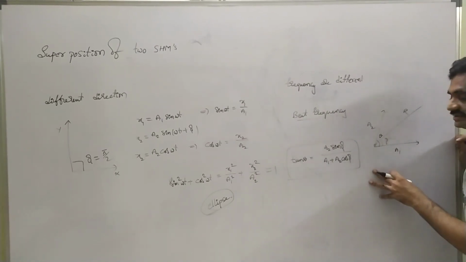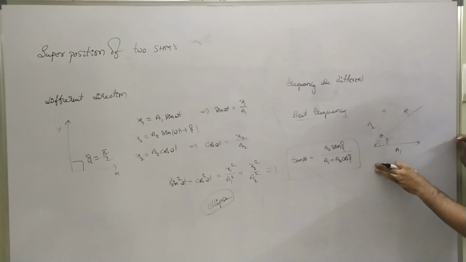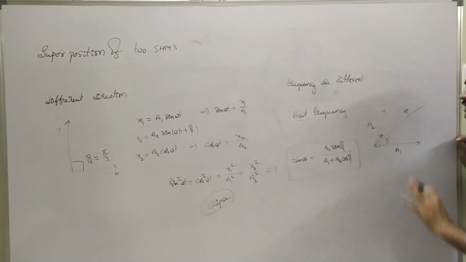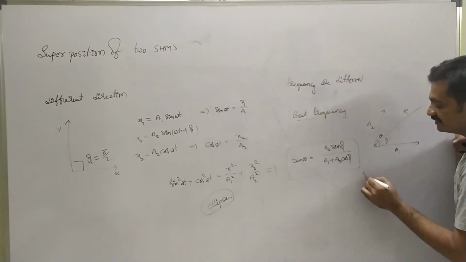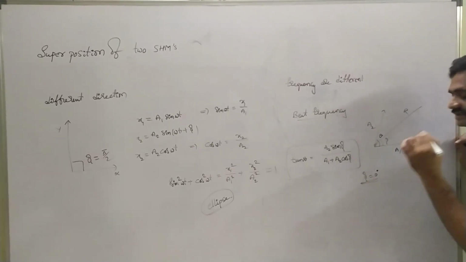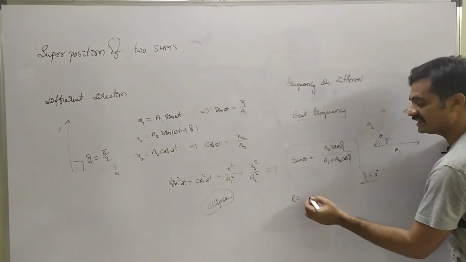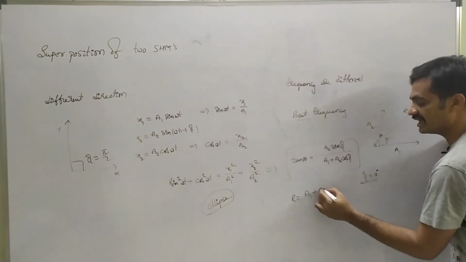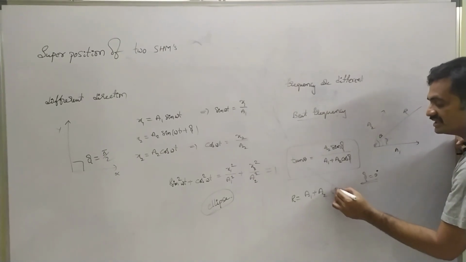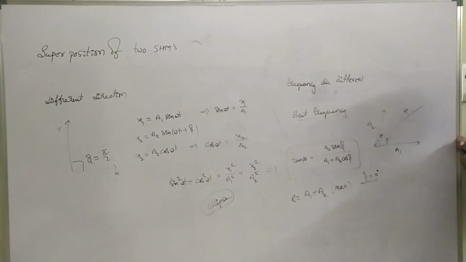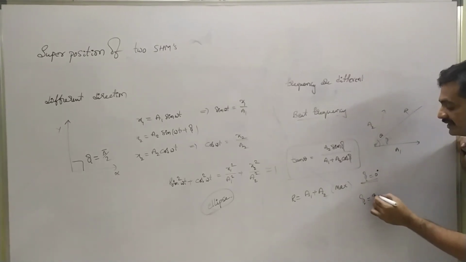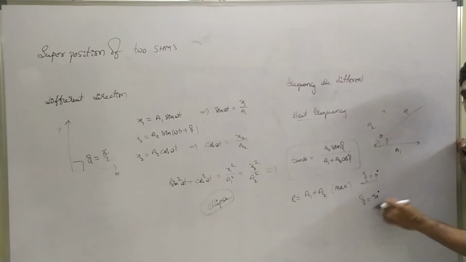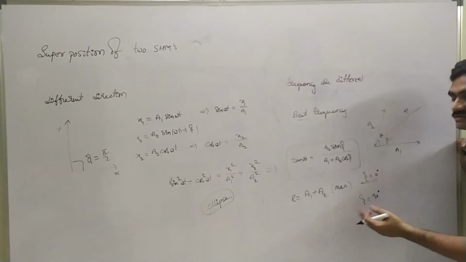Suppose we consider these two amplitudes along the same direction, meaning the angle between the two displacements is 0. Then the resultant amplitude is R equals A1 plus A2, which is a maximum. Suppose the two waves are perpendicular, at an angle of 90 degrees, and we know that cos 90 equals 0.